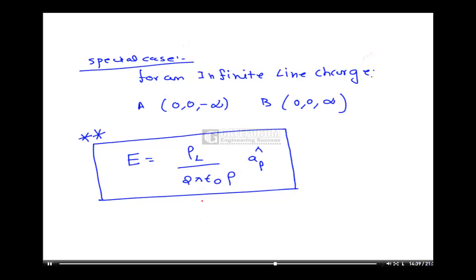Generally, this is a general formula. So here we can define rho L, which is the line charge density.